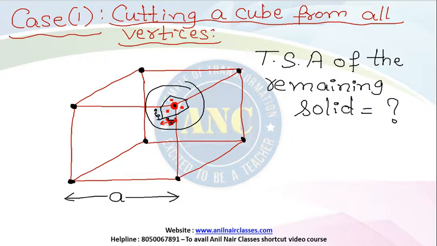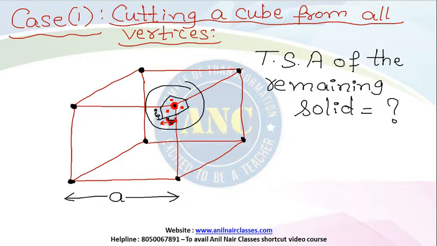So in simple language, the difference between the loss happening and the creation happening is 0. 3 minus 3 is 0, or in other words, there is no profit in this case, right? I hope you are understanding.